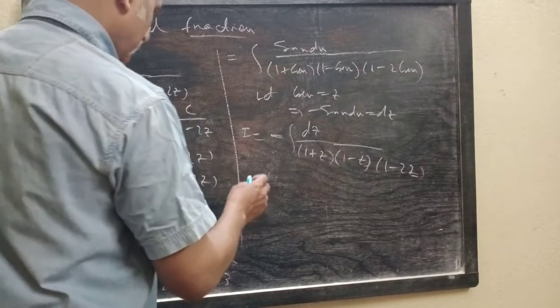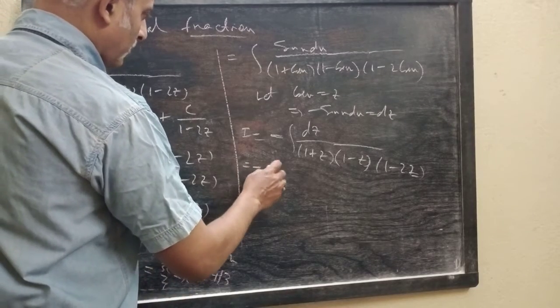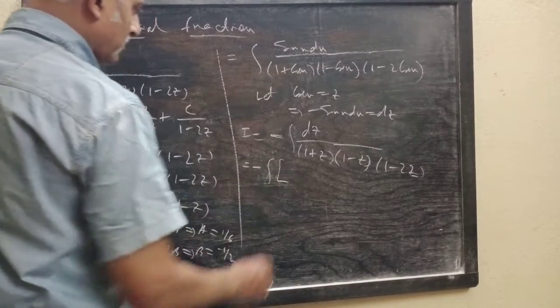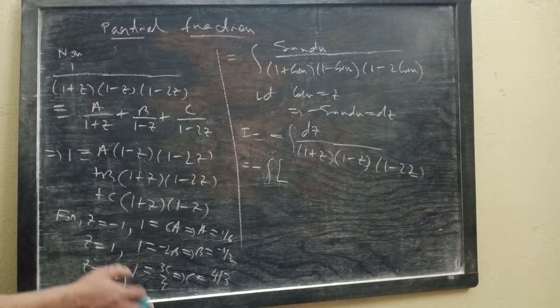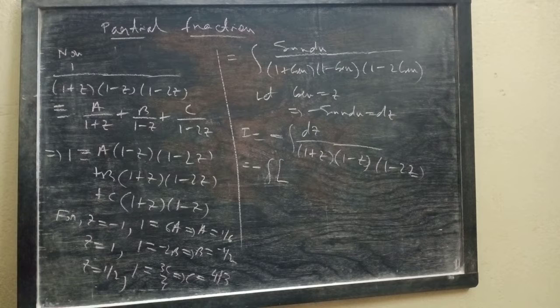Now I am writing here directly minus integration, third bracket. You have to write the fraction separately. Now our space is limited, that's why I am jumping and writing the integral directly.